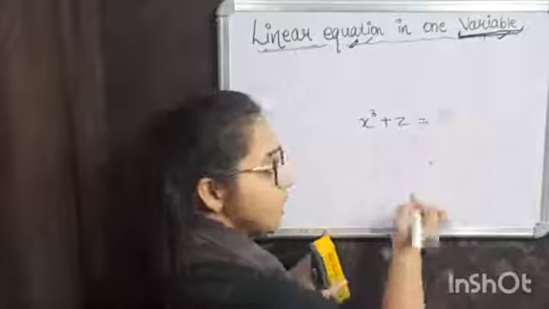So we conclude that we can write the general form of linear equation as ax plus b is equal to 0. It is the general form of our linear equation in one variable.